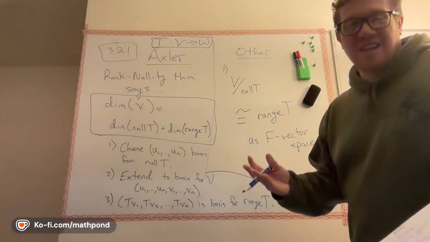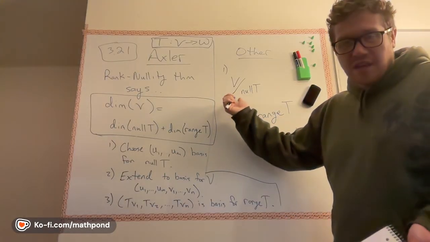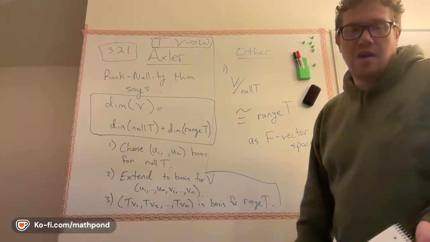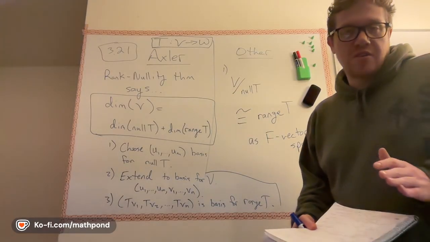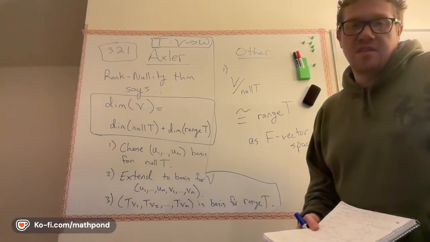Right, I'm using a lot of language here, but really what I'm trying to ask is, who can tell me what the dimension of this quotient space is? So we take V and we say all the vectors in the null space, those are now equivalent to 0, basically.